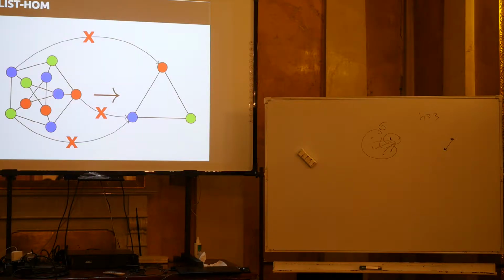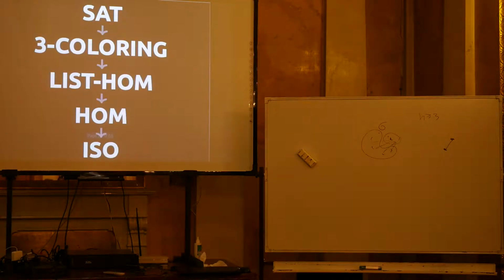Okay, and now in order to prove lower bounds, we'll go through a bunch of reductions. So we start with SAT. We know ETH talks about hardness of the satisfiability problem. Then we say that 3-coloring is hard. Then we reduce it to list homomorphism, to homomorphism, and to subgraph isomorphism. And this way we prove that, for example, these two problems are hard.